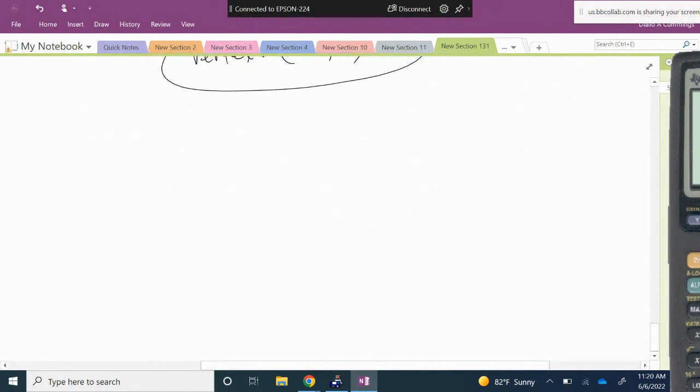Okay, here is one. This is actually like the second one. It says 3.2, number 2. f of x is equal to 3x squared plus 18x plus 28.